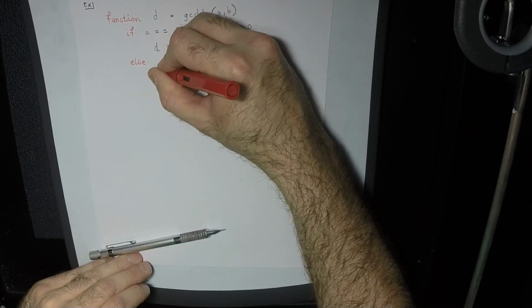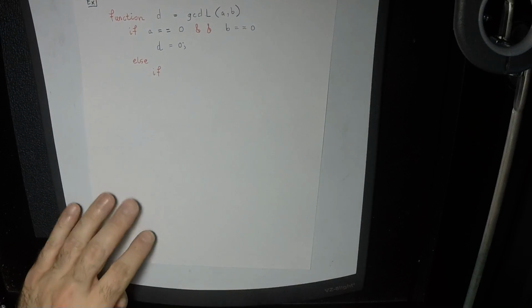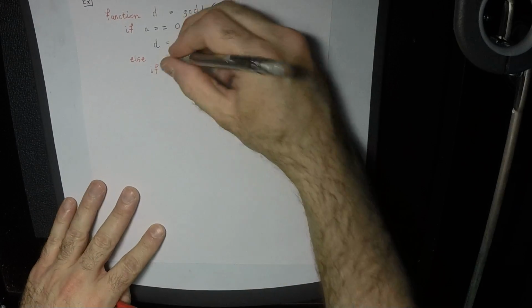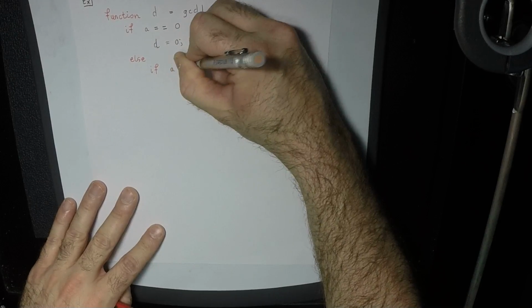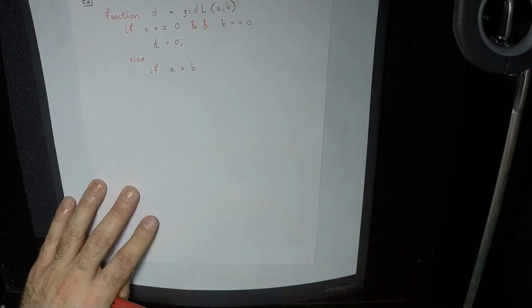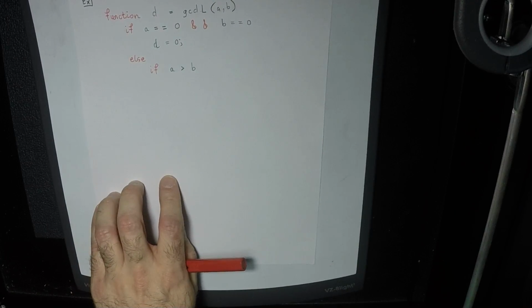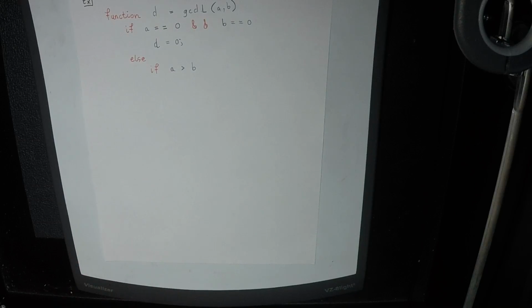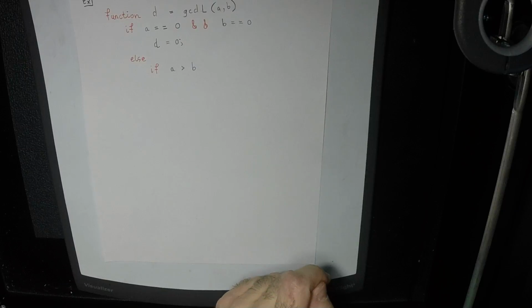If, what's the condition I need to check for them to be reordered? If A greater than B. Because the alternatives is that A is less than B or A is equal to B, and both of those are permissible. So if A is greater than B, we want to switch them around, but without a recursion, right?